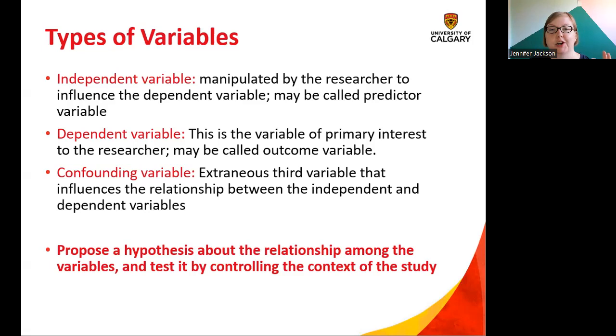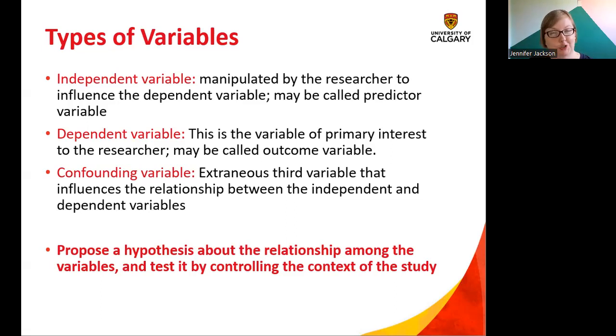In that case, we are controlling the context. So we are controlling which groups get that intervention. And it's by controlling the context that then we can say, yes, one is associated with higher grades or one is associated with lower grades.